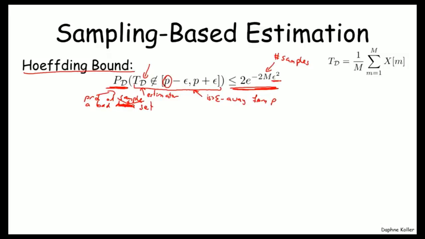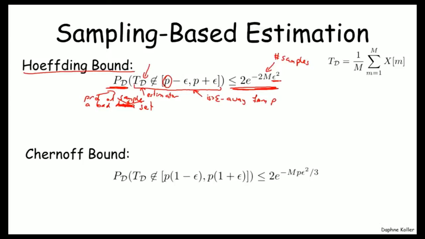So the lower the tolerance that we have for errors, the higher the probability of making an error of that magnitude. So if we need really, really tight bounds, then we're not going to get that with very high probability. Nevertheless, a probability that shrinks exponentially with the number of samples looks really good, right?